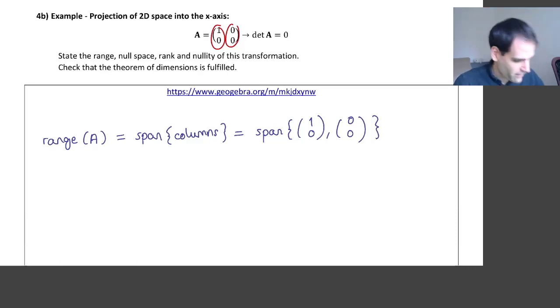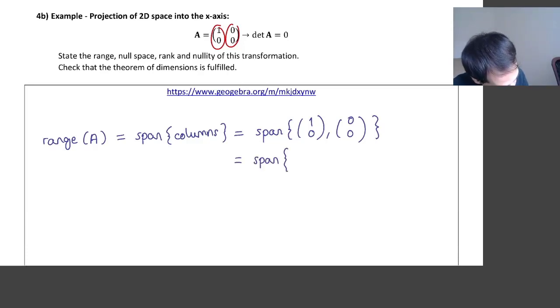Now, what is the span of (1, 0) and (0, 0)? So obviously, the vector (0, 0) is not contributing anything to the span. So we could say that this is equal to the span of (1, 0).